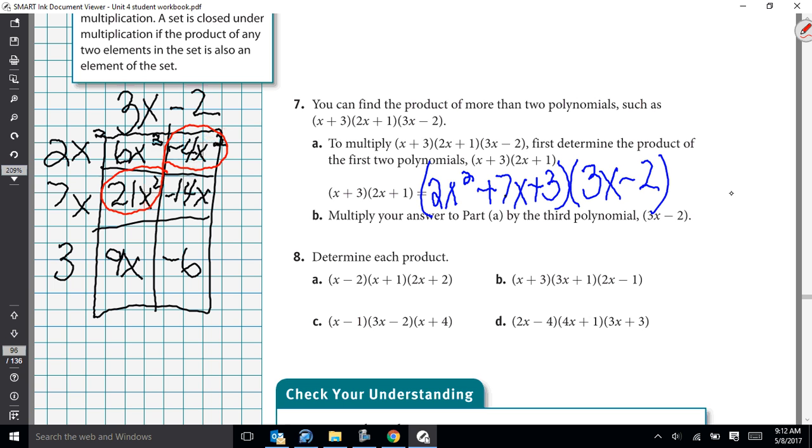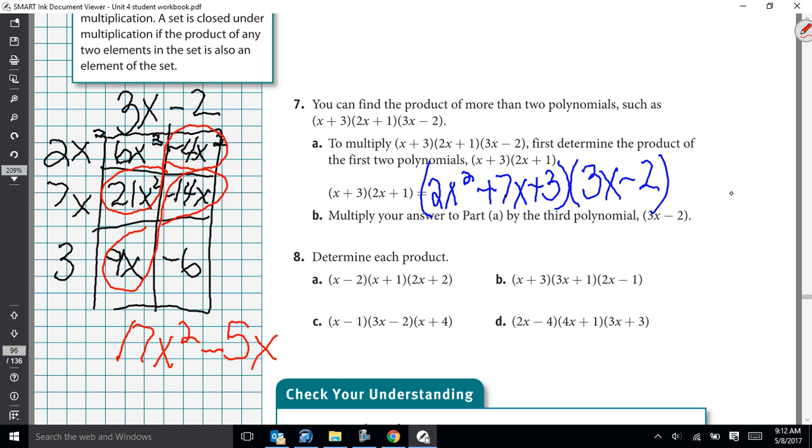It's 17x squared. So 9x minus 14x is... I think it's negative 5x.